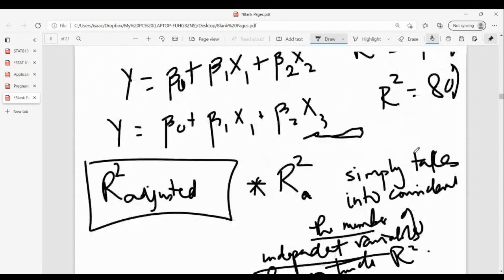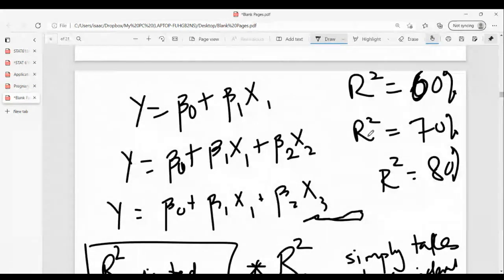So the increase in R squared adjusted is not as sharp as R squared. So it keeps the number of variables intact, right? Or it controls R squared for the number of variables that you have in the model.